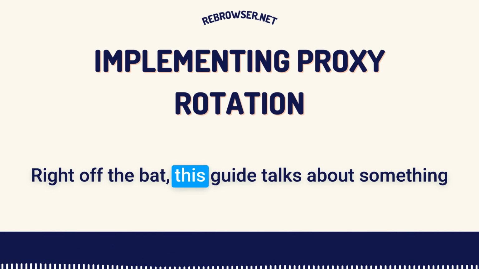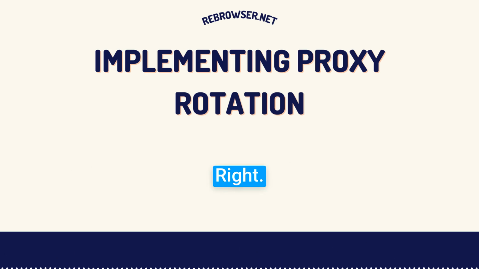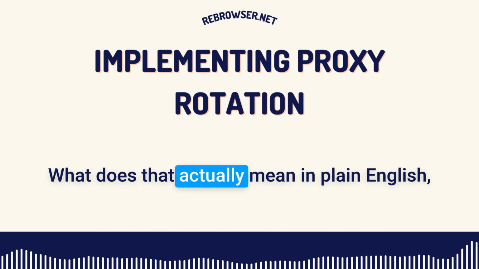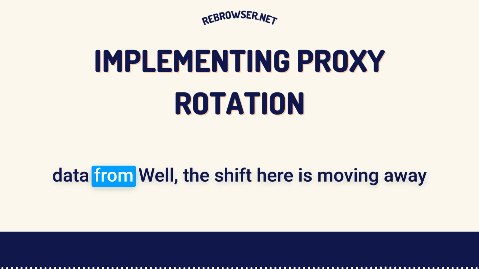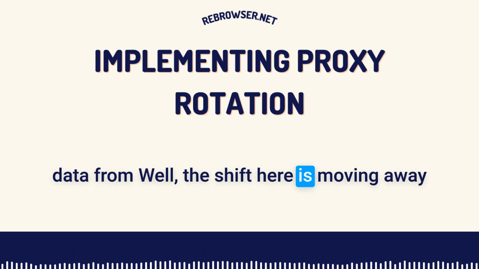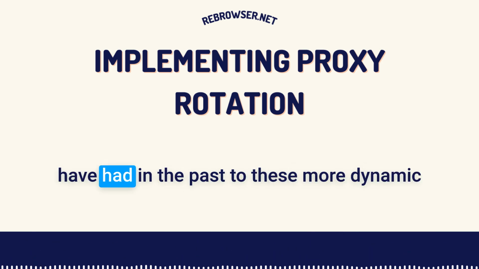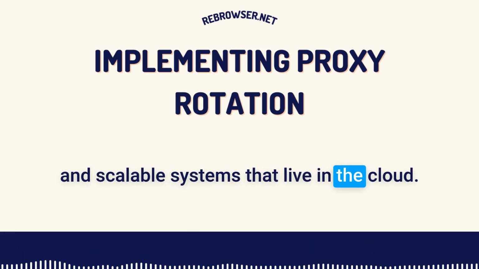Right off the bat, this guide talks about something called cloud-native proxy management. Now, that sounds pretty jargony. It does sound a bit like tech speak. What does that actually mean in plain English, for someone who's trying to get data from the web? Well, the shift here is moving away from static lists of proxies that you might have had in the past to these more dynamic and scalable systems that live in the cloud.